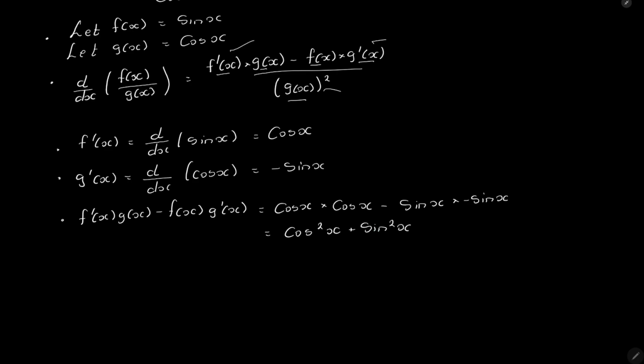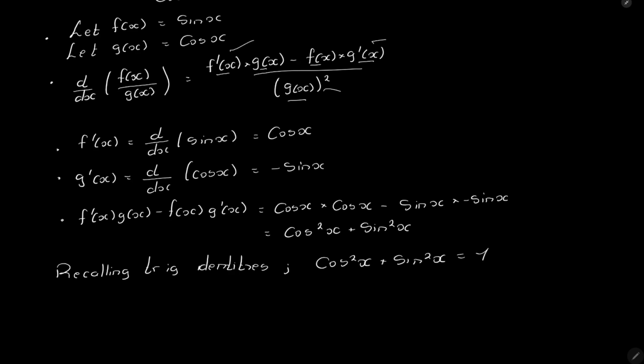If we can still recall trigonometric identities, the sum of cos squared x and sin squared x gives us 1. That is, recalling trig identities, cos squared x plus sin squared x gives us 1. So this tells us that our numerator, f prime of x g of x minus f of x g prime of x, is equal to 1.